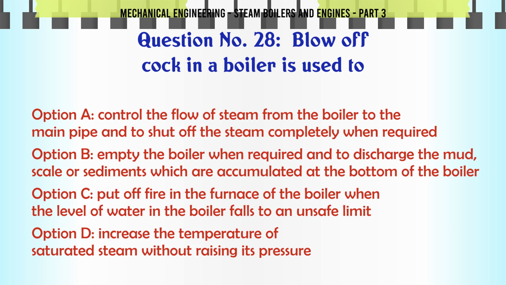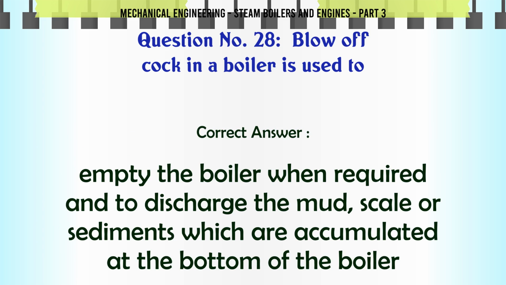C. Put off fire in the furnace of the boiler when the level of water in the boiler falls to an unsafe limit. D. Increase the temperature of saturated steam without raising its pressure. The correct answer is empty the boiler when required and to discharge the mud, scale or sediments which are accumulated at the bottom of the boiler.